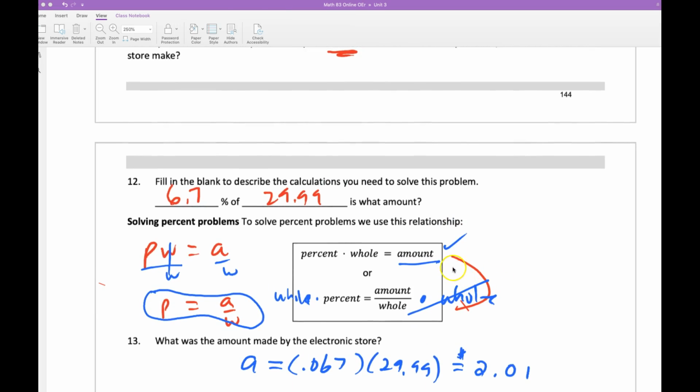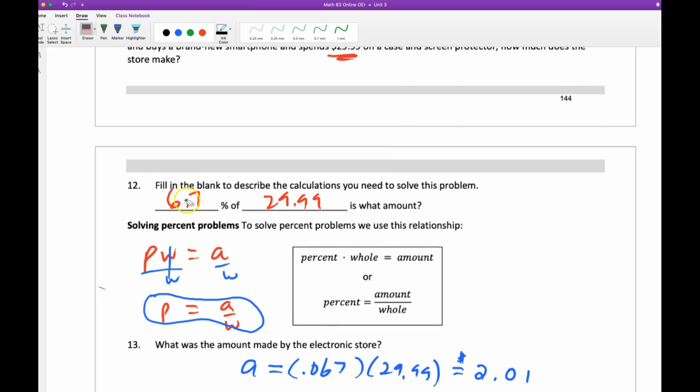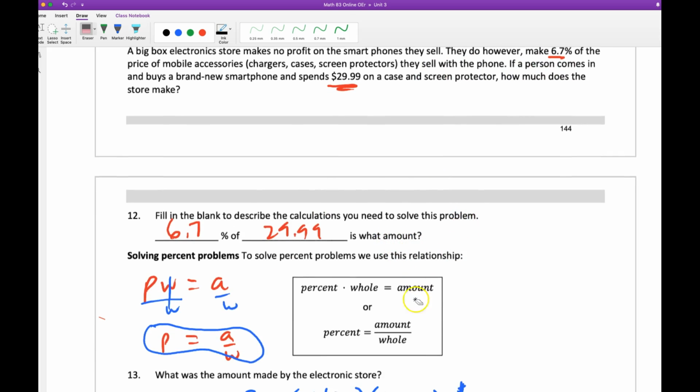The first thing to think about is this idea that percent times a whole equals some amount. When you take a percent of a whole, like in this 6.7% of 29.99, looking at this problem situation, what is the amount?